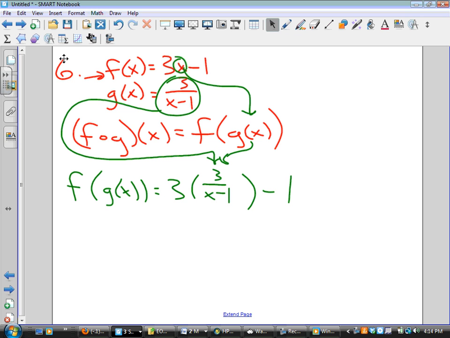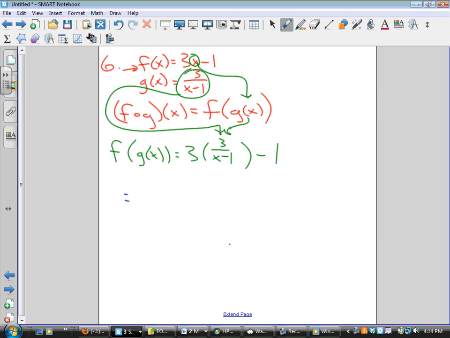All right, so now if we simplify this algebraically, we can multiply 3 times 3, and we get 9 over x minus 1 minus 1. Not a whole lot we can do algebraically there. Depending on how the answer is written on the EOC, I want you to be able to find a common denominator.